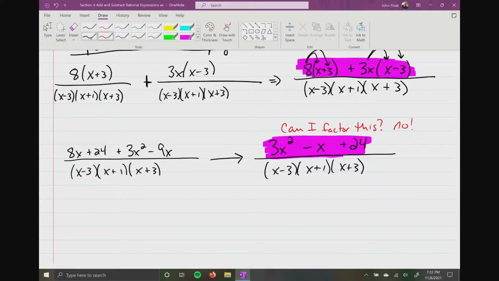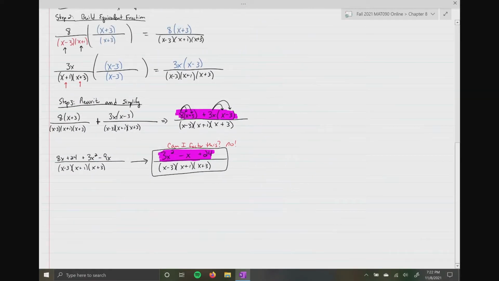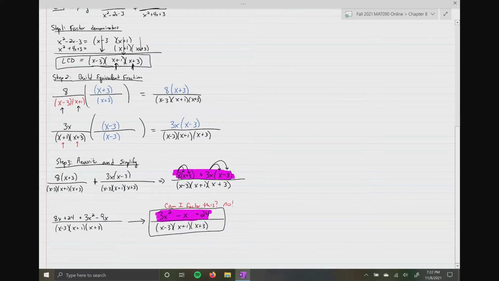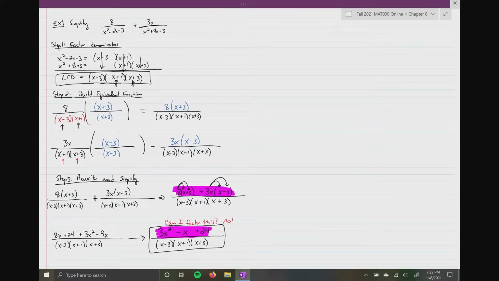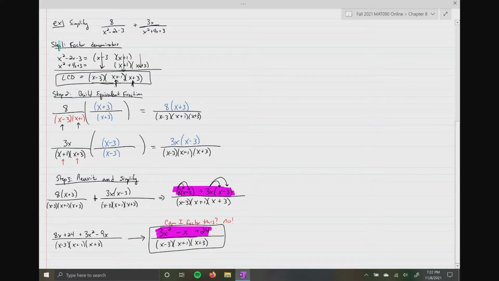What I was really concerned with is just getting this answer and, I'm going to zoom out here, understanding these 3 steps. So let's go over those steps just one more time, and let's highlight them so we're aware. Step 1, factor denominators. Step 2, build these equivalent fractions.